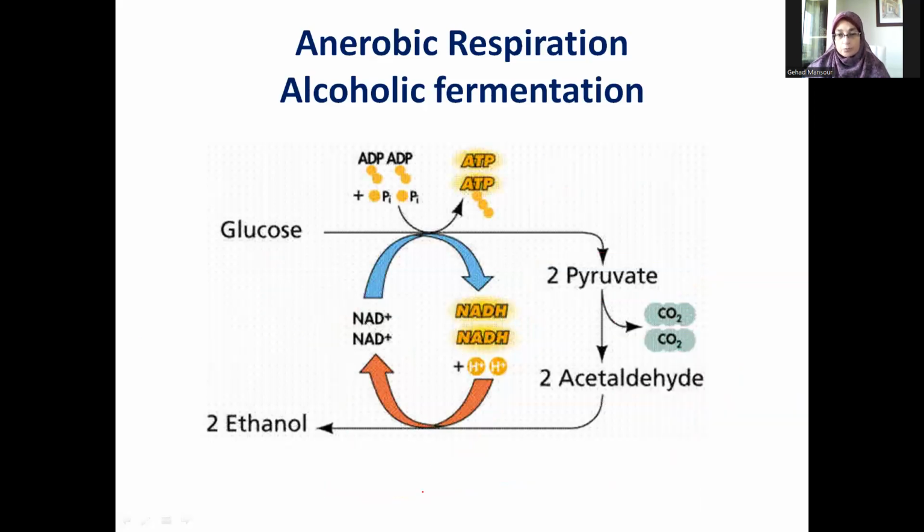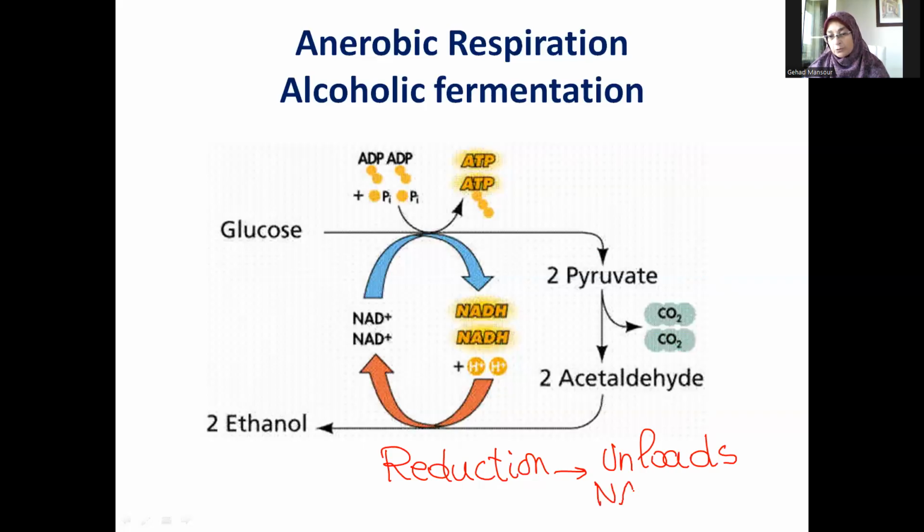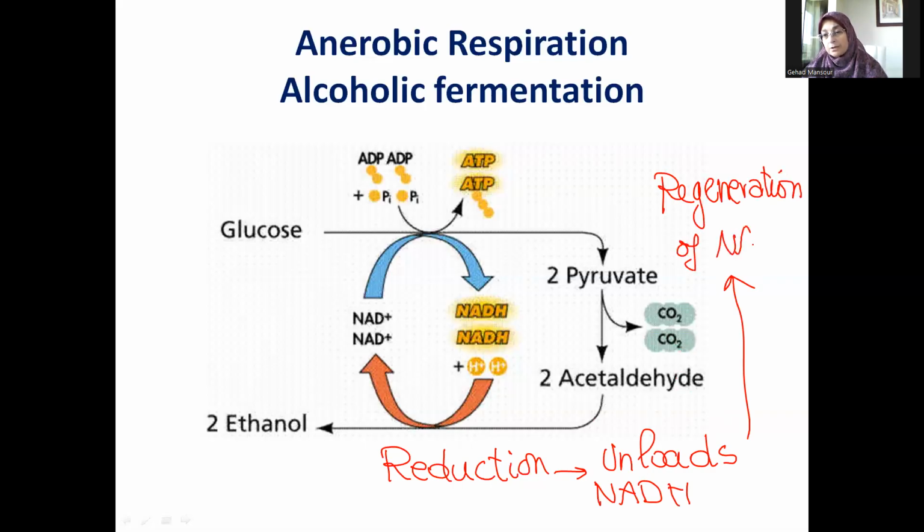So let me erase this because it's a bit messy. Here we have reduction of pyruvic acid into ethyl alcohol. This reduction is important. Why? Because it unloads reduced NAD from its hydrogen, and therefore this unloading is important for regeneration of NAD. Why do we want to regenerate the oxidized form of NAD?